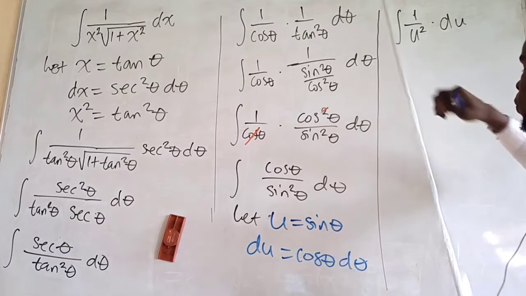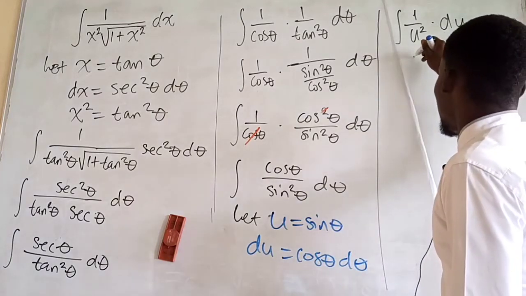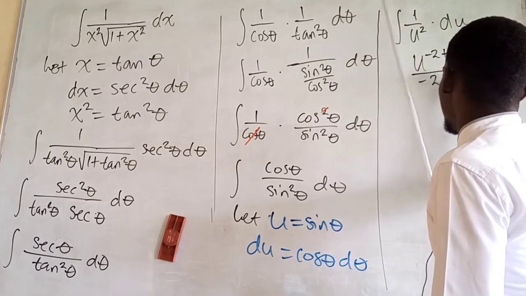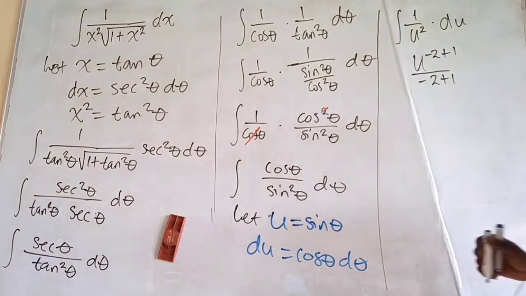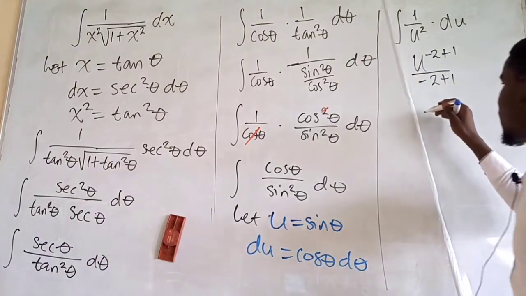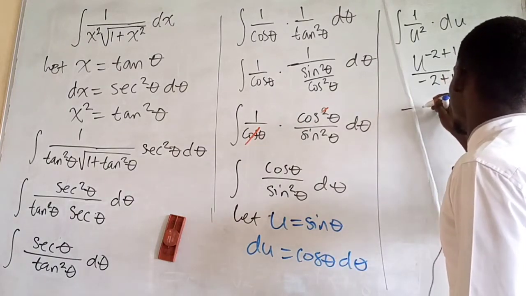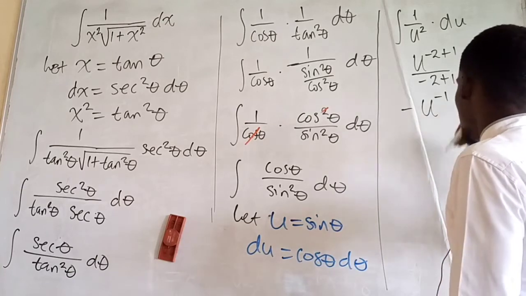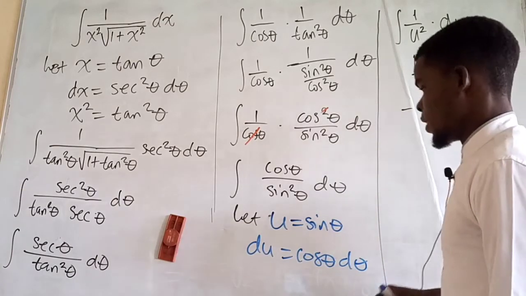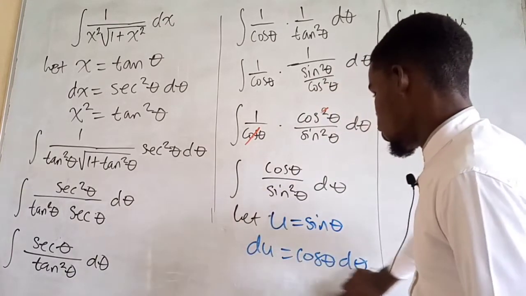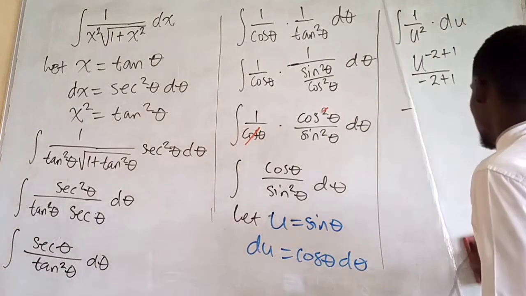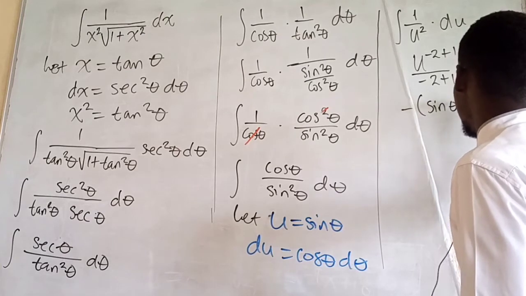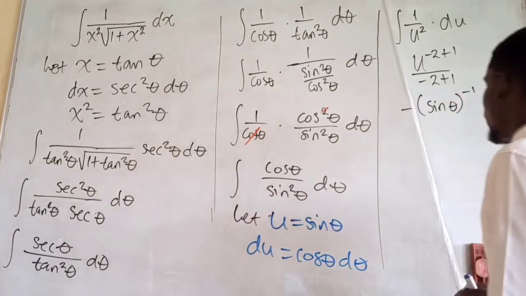By integrating this, we're going to have negative 2 plus 1 as the new power, divided by negative 2 plus 1. So from here, we have negative u to the power negative 1. Well, u is the same thing as sine theta, so in place of u I can just put down sine theta raised to the negative 1 power.